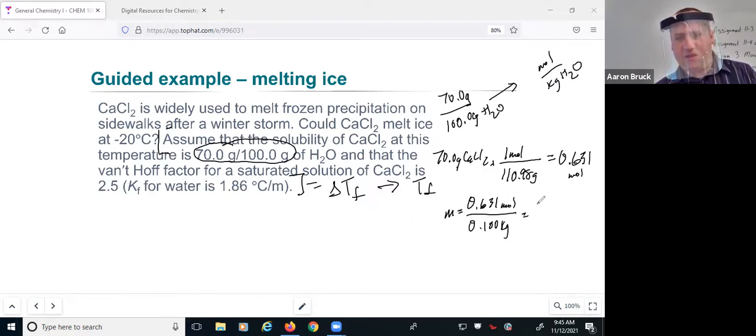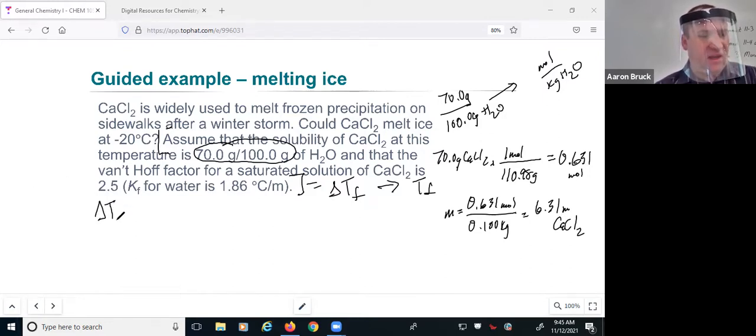So the molality of the solution here is 6.31 molal calcium chloride. So that's my molality, and now I have everything I need to solve the freezing point depression.